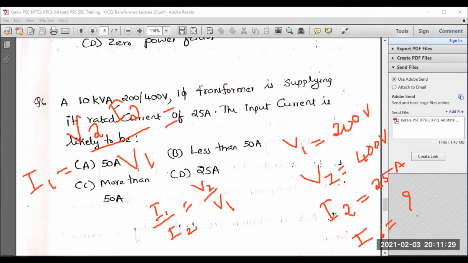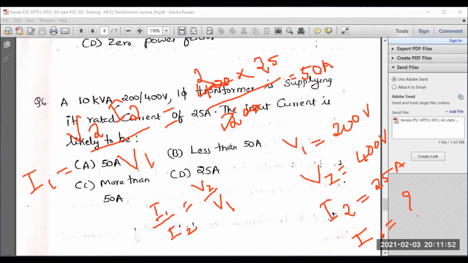So V2 means 400 into I2, which is 25, whole divided by V1, which is 200. Please solve this. So the zeros will be cancelled, and this will be 2. Anyway, the answer is 2 into 25 into 2, that is 50 ampere.